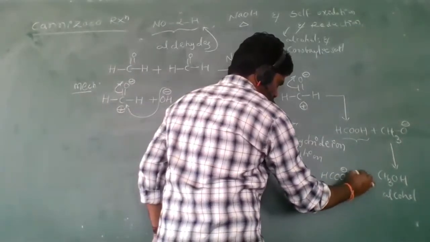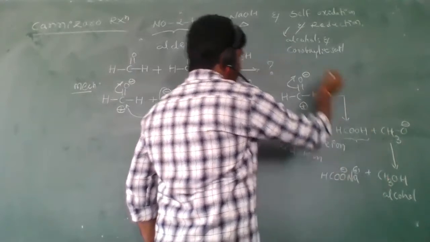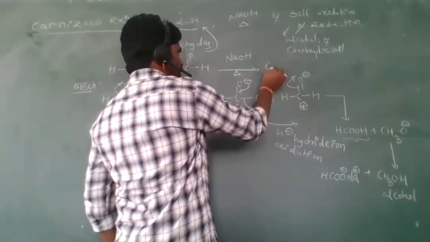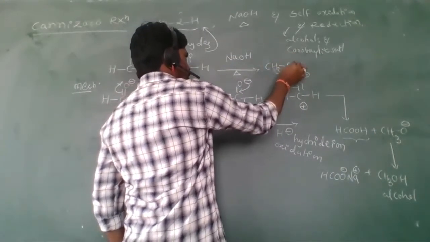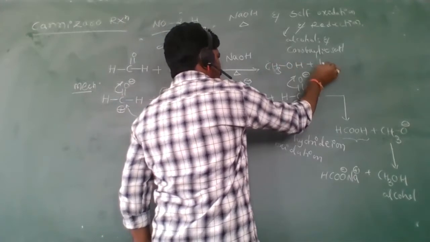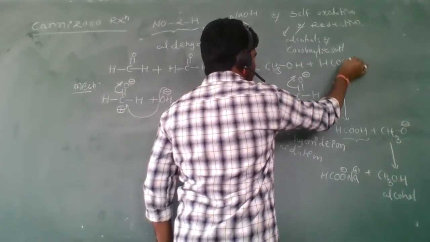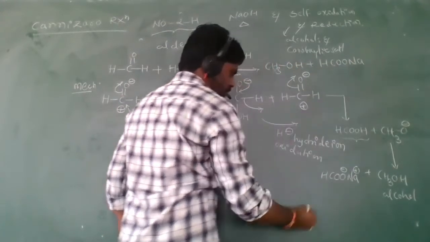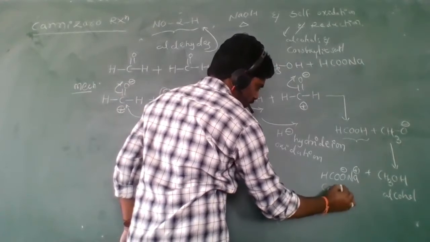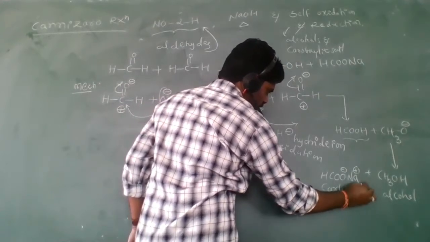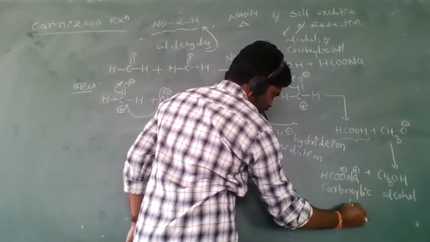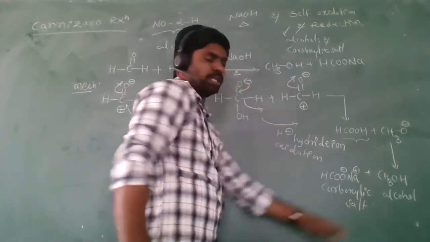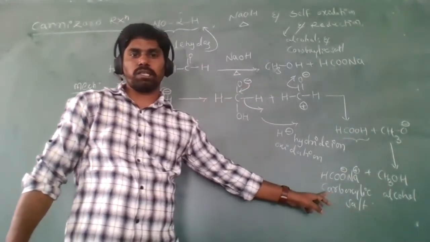So finally we get CH3OH and HCOONa, which is a carboxylic salt. So methanol and sodium carboxylate.